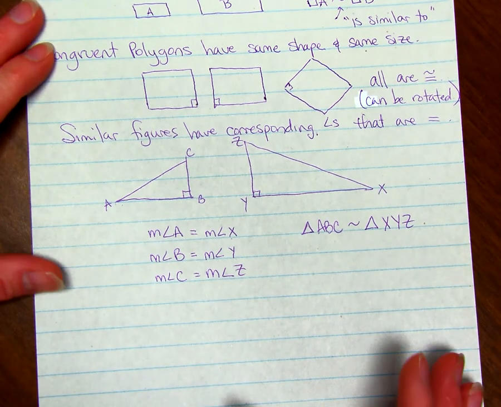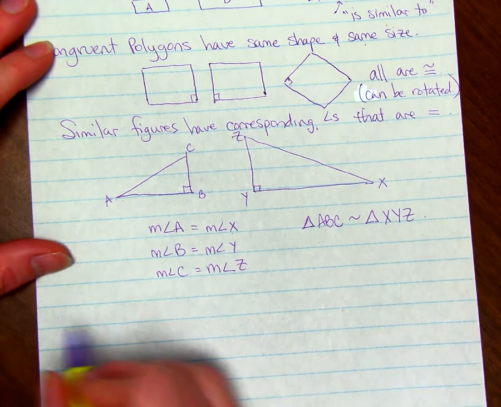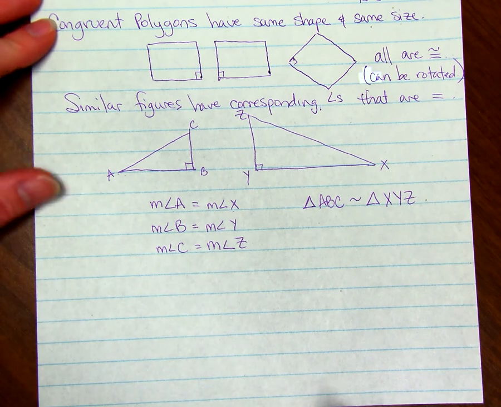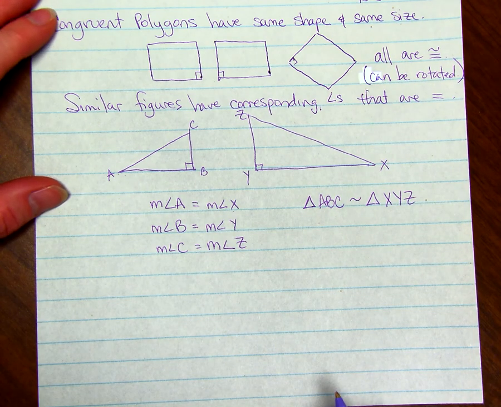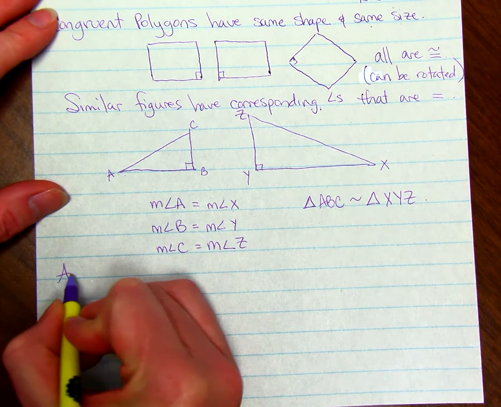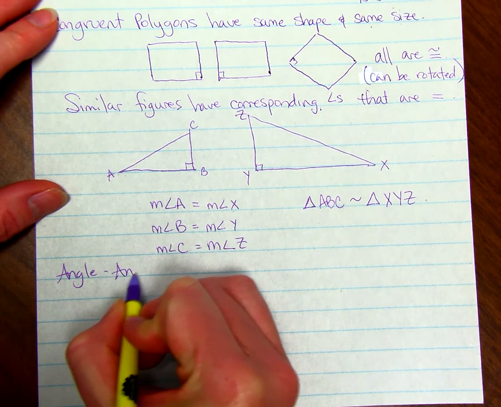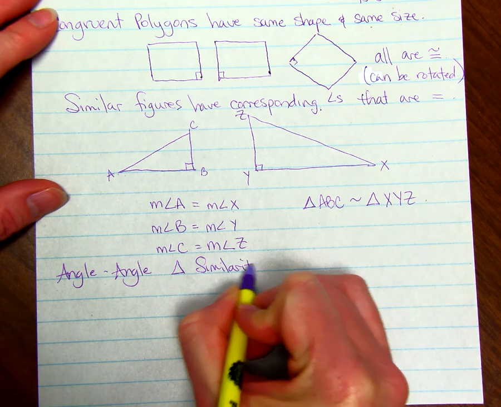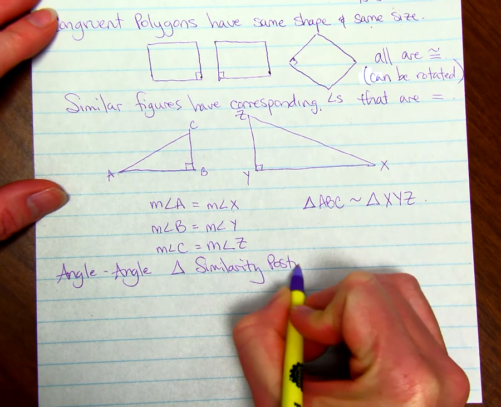Now there is a theorem or a postulate that we can learn. It's called the angle-angle triangle similarity postulate. And here's what it says.